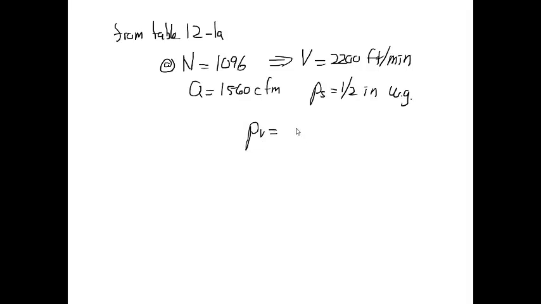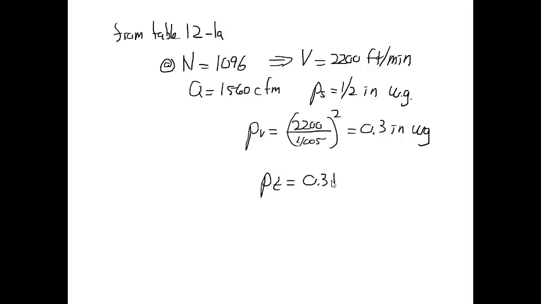In this case, my velocity pressure, velocity over 4005 squared, is equal to 0.3 inches of water. My total pressure is still within the 0.88 inches of water, which is what I have as a total. So what I'm looking at are different operating points, again keeping the RPM speed the same.